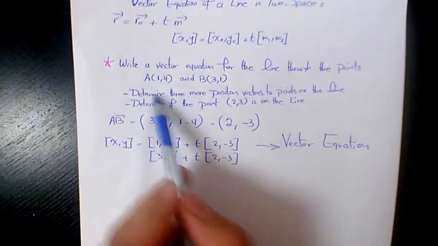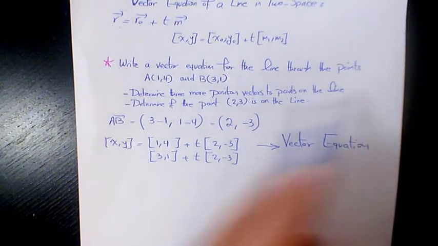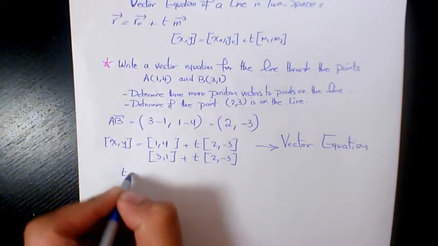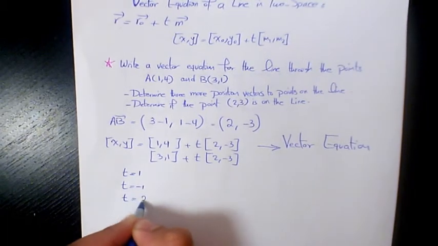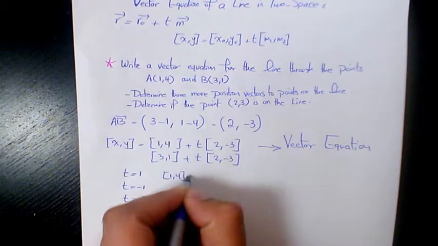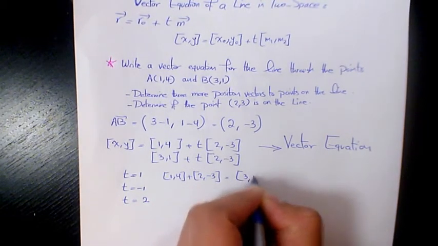Now it says determine 3 more position vectors to points on the line. If we consider the first equation, say we let t equal 1, t equal negative 1, and t equal positive 2. The first one is (1, 4) plus (2, negative 3), which gives (3, 1).